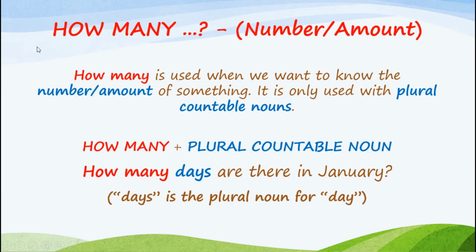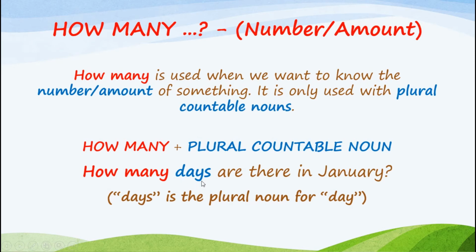Now, how many. How many is used when we want to know the number or the amount of something, and it is only used with plural countable nouns. Remember that the countable nouns are the things that we can count with numbers. For example, how many days are there in January?